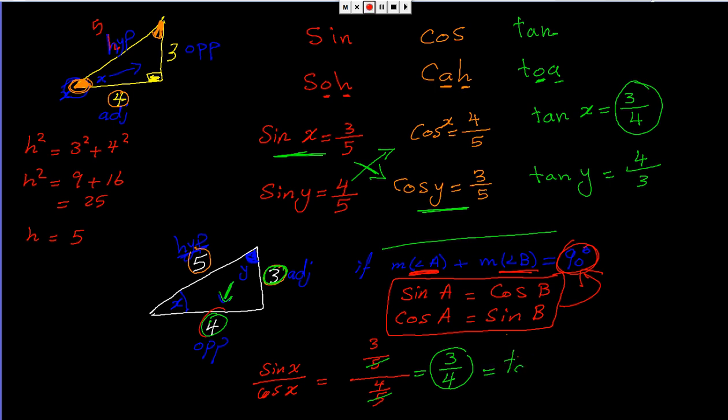So for any angle A, tan A equals sine A over cosine of the same angle A. Let's see an exercise.